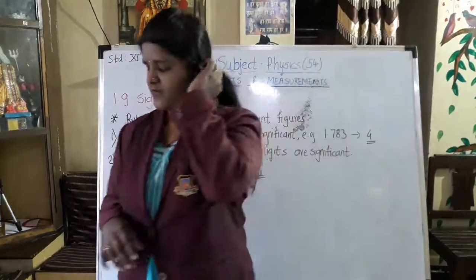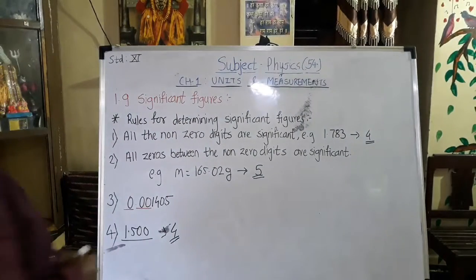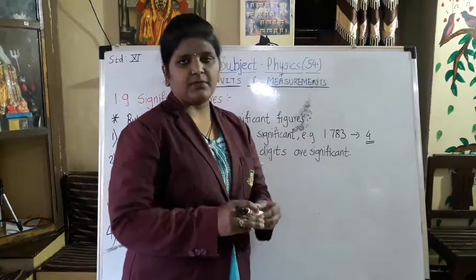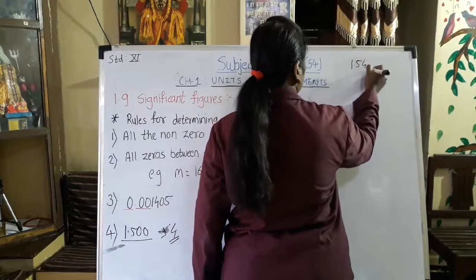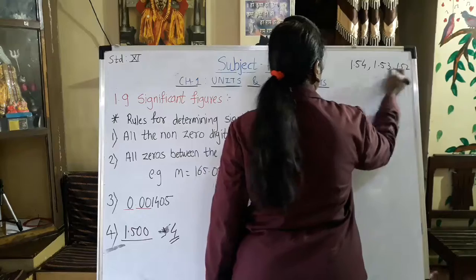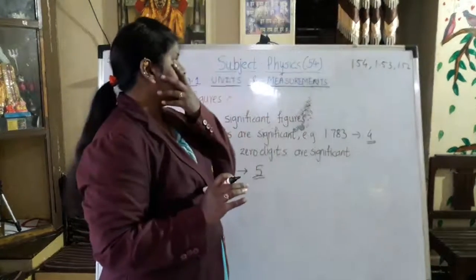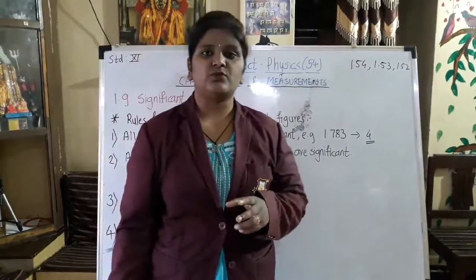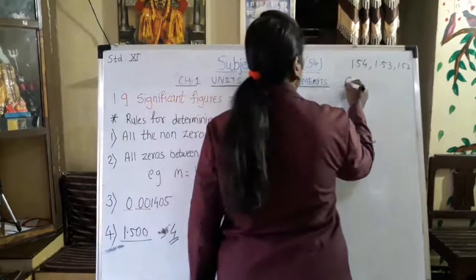Okay, suppose I give you one example of it. Suppose I have found the length of a paper. Suppose I took 3 readings. First is 1.54, second is 1.53, and third one is 1.52 centimeters. If I got the 3 readings as 1.54, 1.53 and 1.52, and if I take the mean of that, I have to take only one reading.